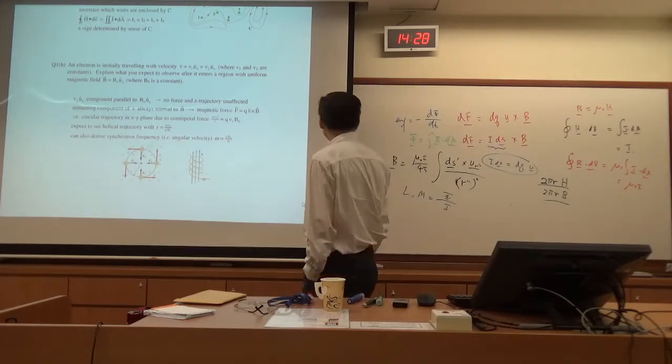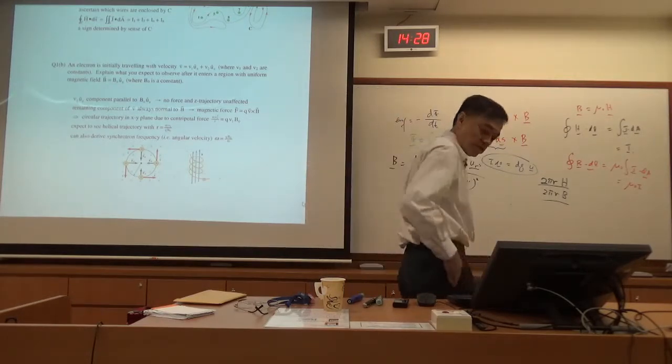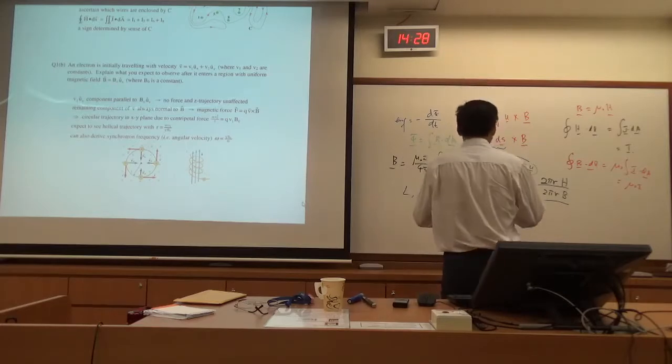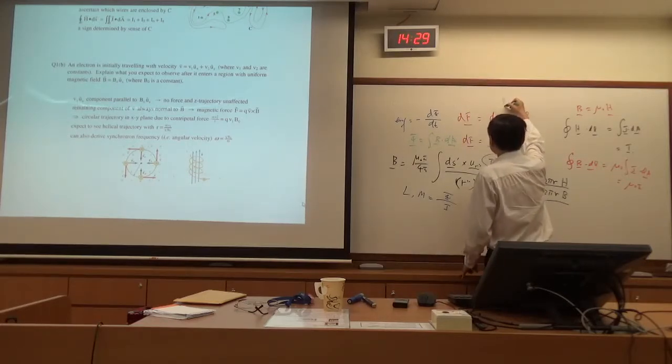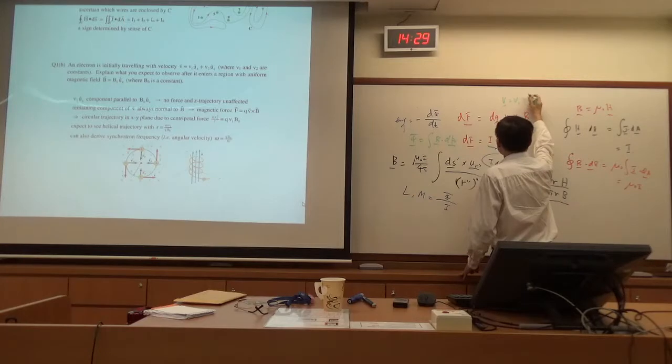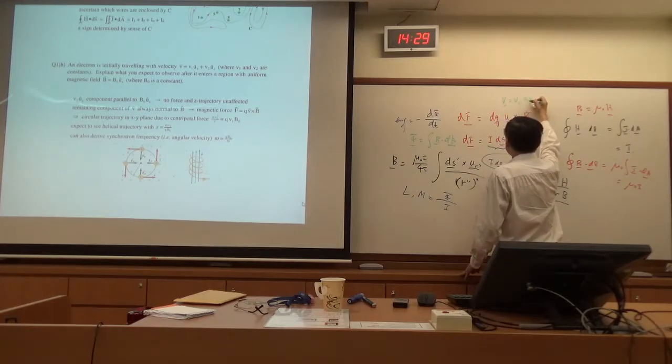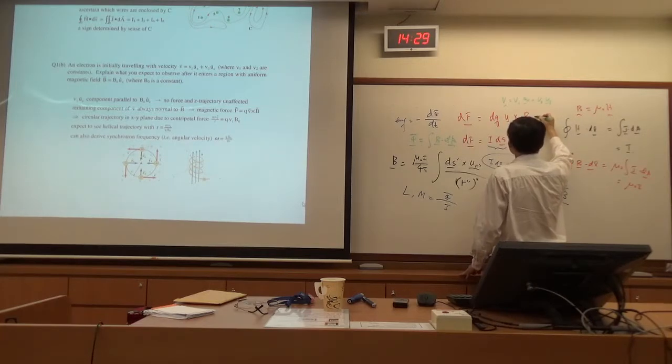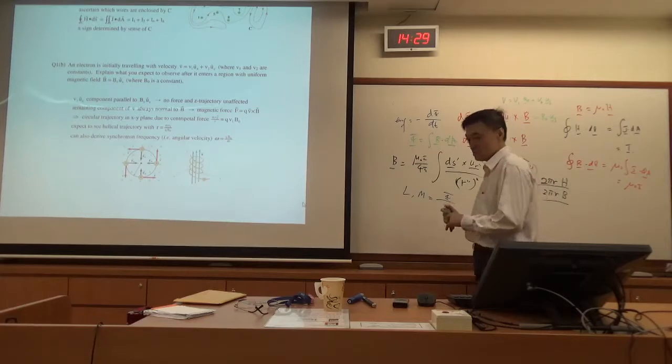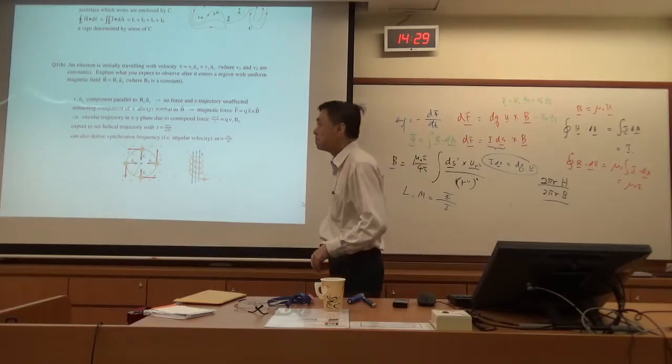Alright, we have velocity V equal to V1 ux plus V2 uz, and B is equal to B naught uz. This is what you have.